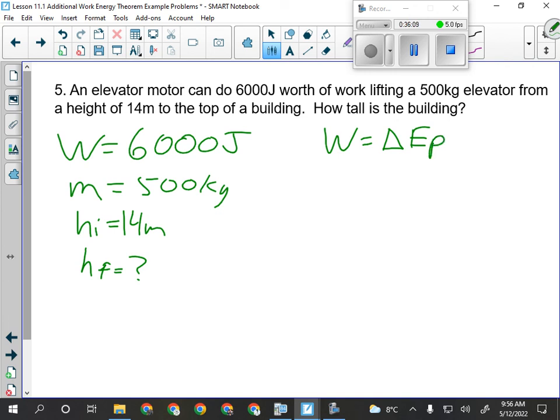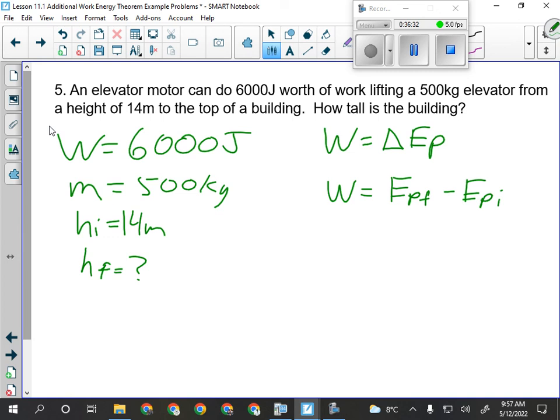And elevators generally move at constant speeds. So I don't have to put in force times distance because I know what the work is, okay? And this is going to be EP final minus EP initial. Okay, now I'm looking for final height. That's going to be part of which one of those terms? EP final.